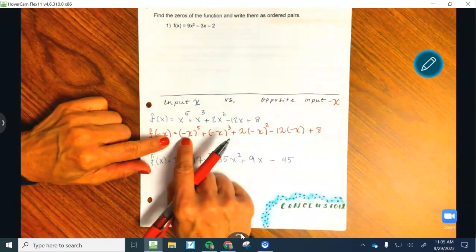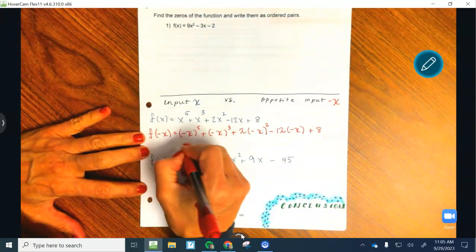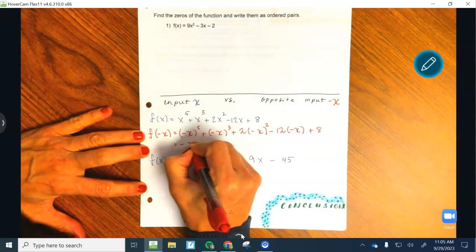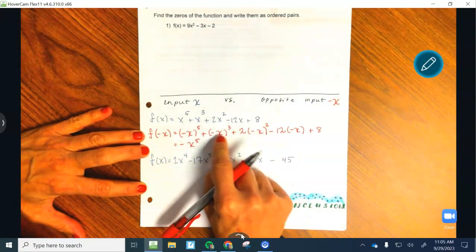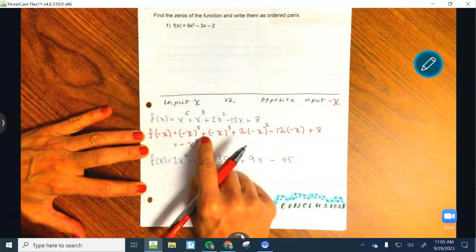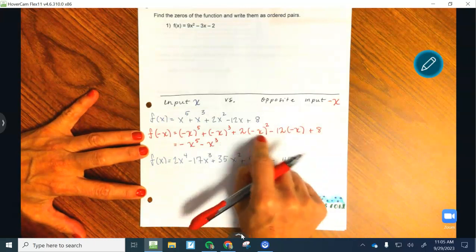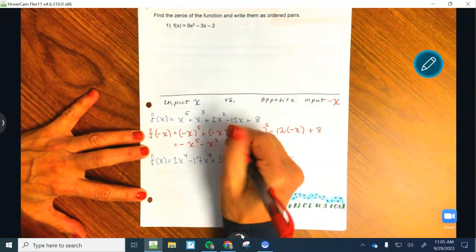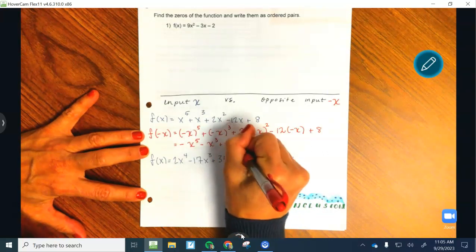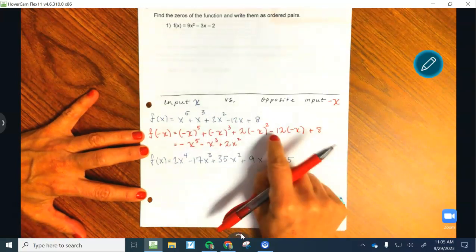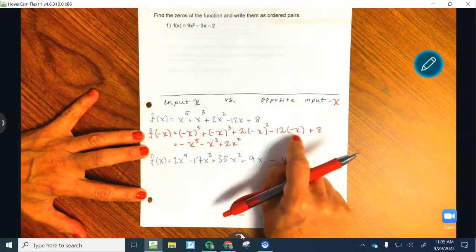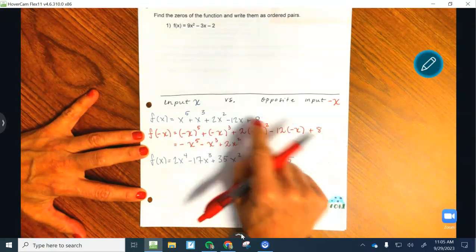So remember, any negative number raised to an odd power is going to be negative. This is going to be a negative, so I'm going to replace this plus sign with a minus sign. Now remember, this turns into a positive number. A positive number times 2 is going to stay plus 2x squared. And then look here, a negative times a negative is a positive.